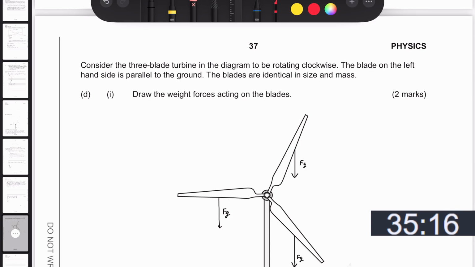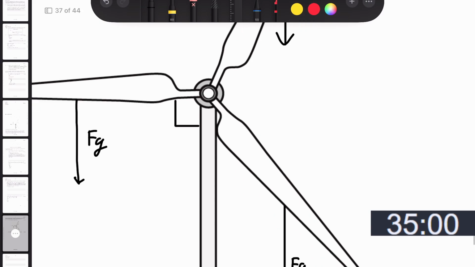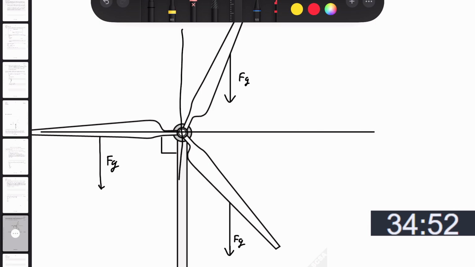Oh, okay. This is interesting. Rotating clockwise. And this one's parallel, so that's going to be a 90-degree angle. Let me draw some lines here. Let's say this line, and let's say this line.